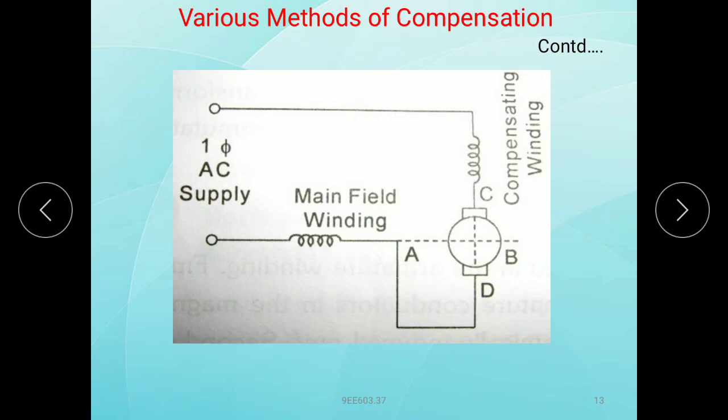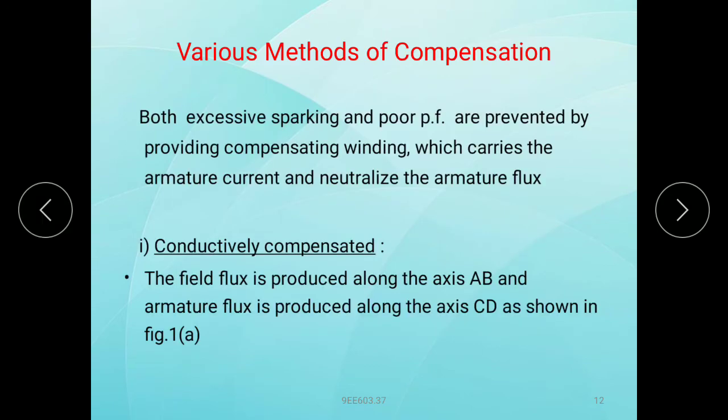Here, see, single phase AC supply, this is the main field winding, this is AB, this is CD, and this is the compensating winding.